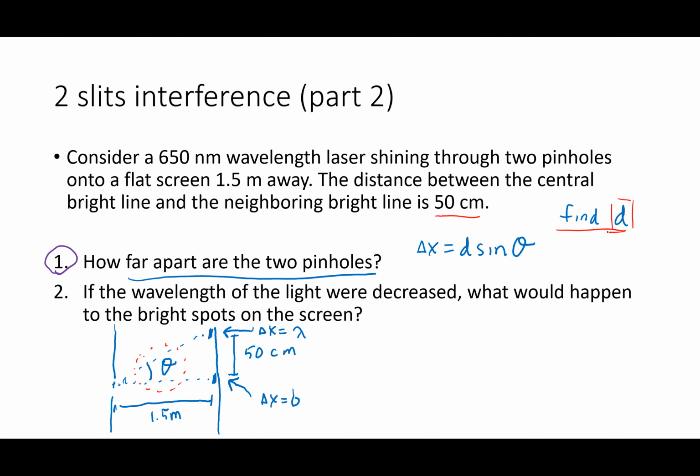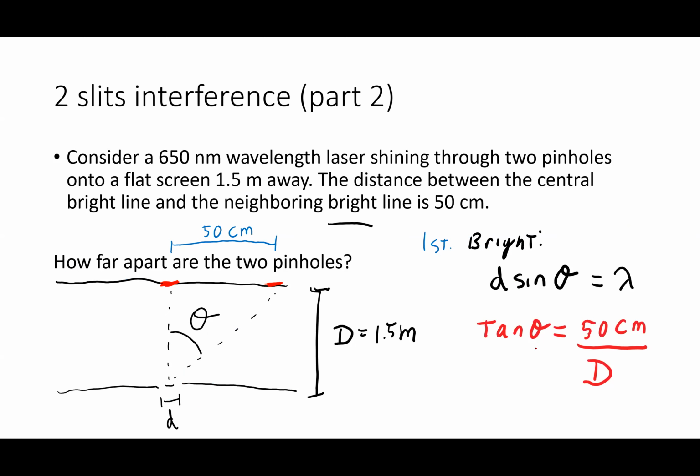That is figured out in terms of angle. So I need to calculate the angle, which I can do knowing how far away the screen is and how far away the 2 bright spots are. So I could do that with tangent of theta equals 50 centimeters over the distance to the screen. That could give me the angle. I know the wavelength of the light, and so from there I could figure out d.